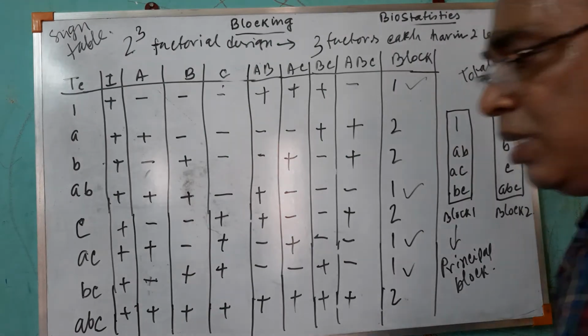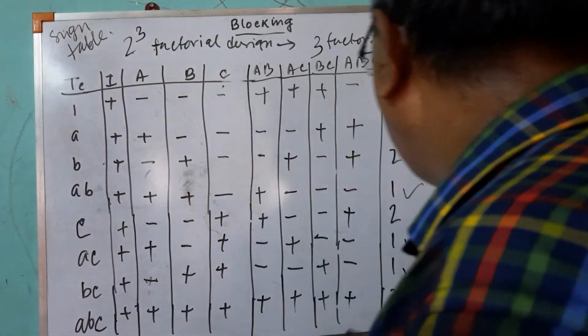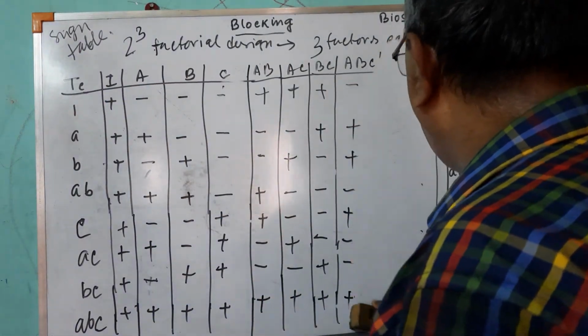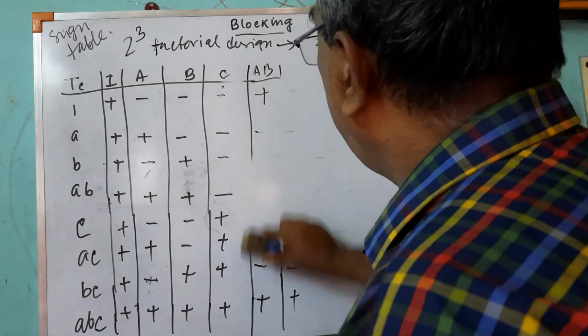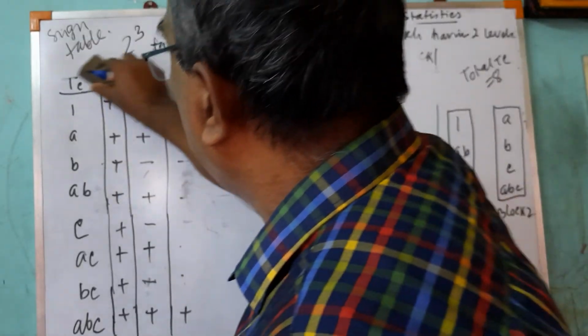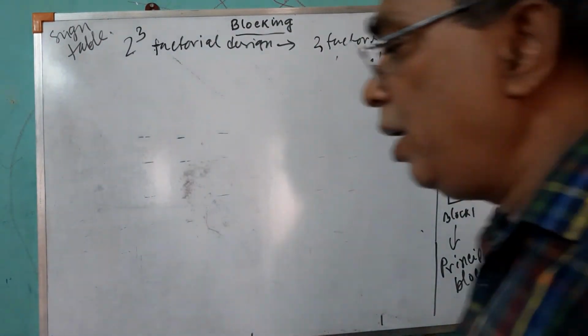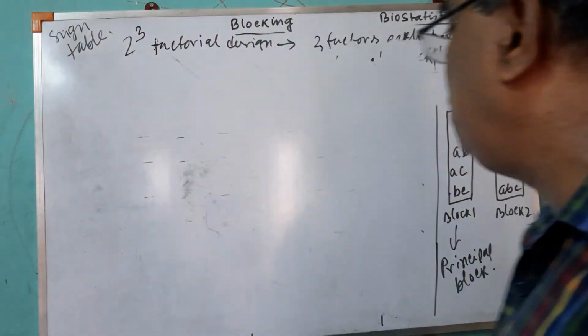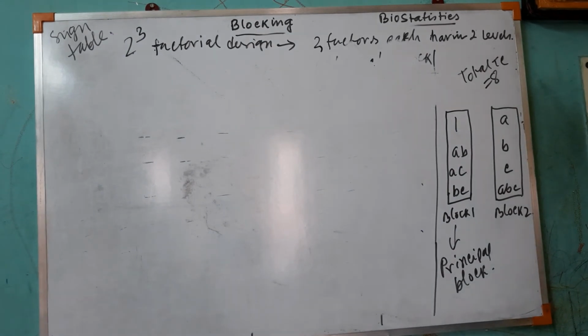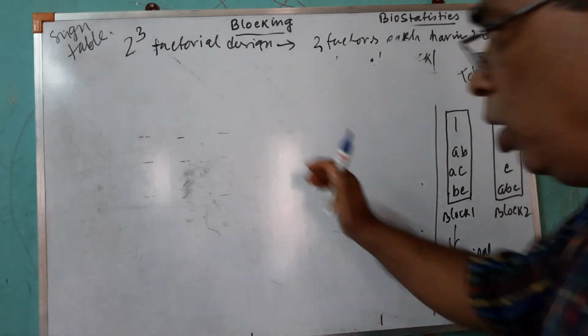So now another important thing I am telling here, you can identify that, this is a very important thing: any multiplication of any two treatment combinations in block 1, the resultant becomes in block 1.